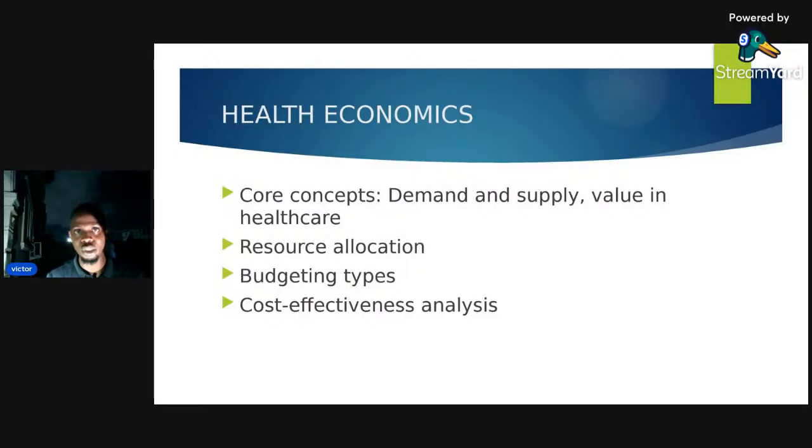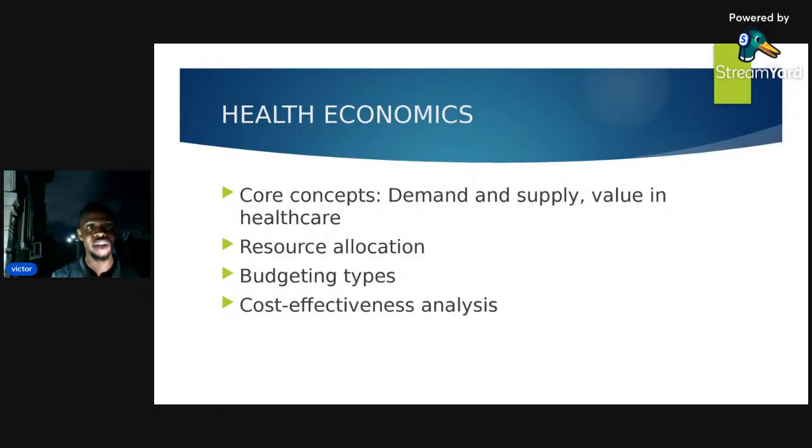But operational budgeting is the money prepared and assigned for staffing and operational activities. How you run the hospital, the day-to-day activities of the hospital, that is your operational budgeting. Cost effectiveness analysis is the way you minimize waste in the hospital through adequate staffing.